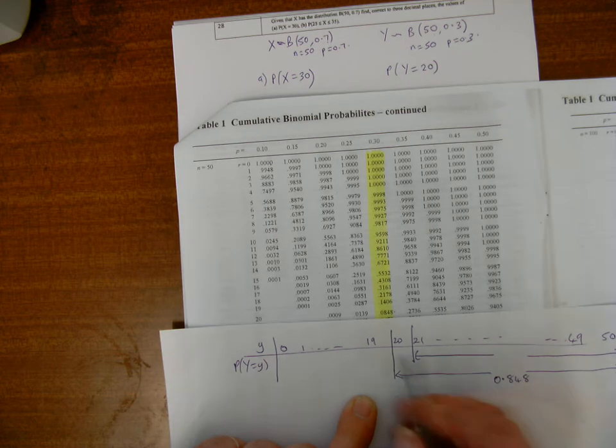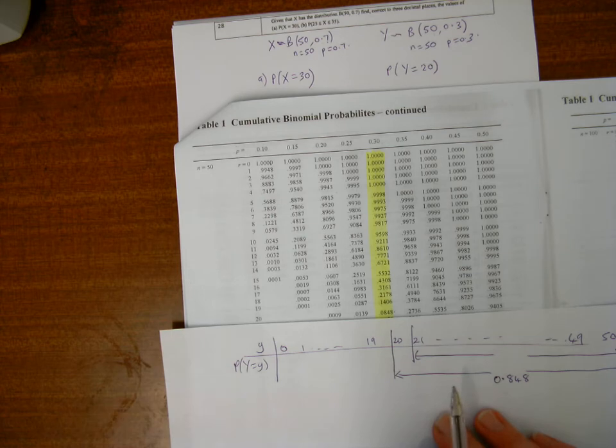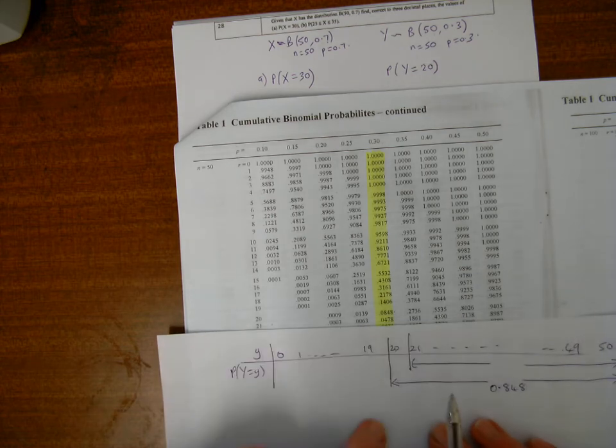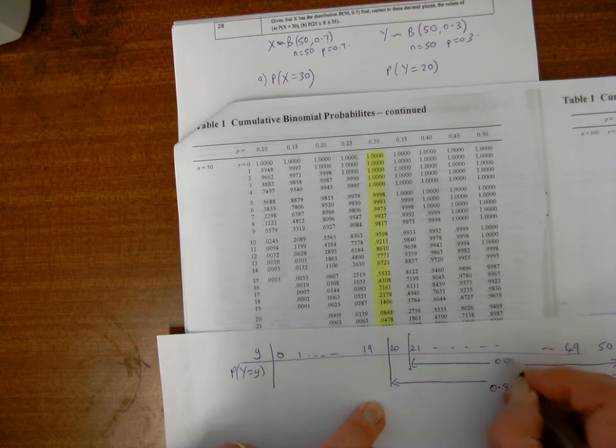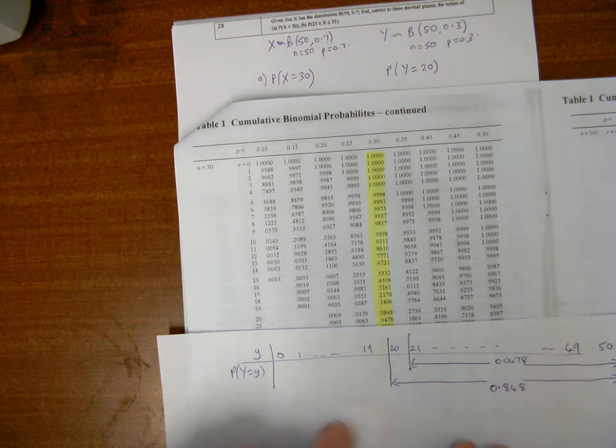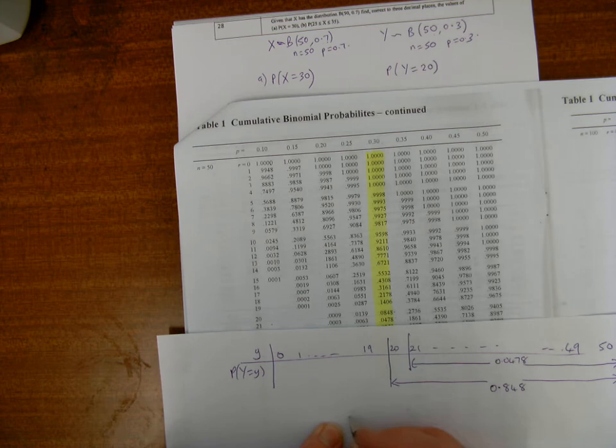And if I subtract those, I'm just left with the value of what 20 was. So coming down to 21, reading that value off from 21, that is 0.0478.